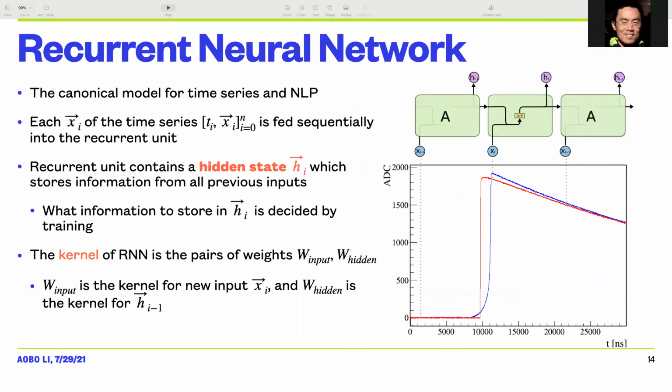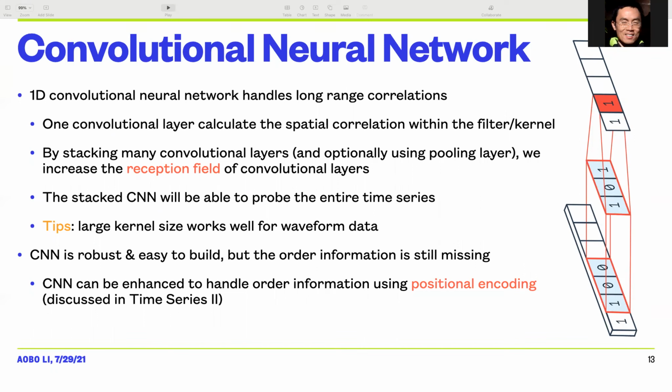May I ask a question right here? So this is my understanding from your previous lecture about the convolutional neural network: it takes into account the spatial ordering because you move the filter from one side to the other side. So in that case, the weight or the information always has some overlapping.